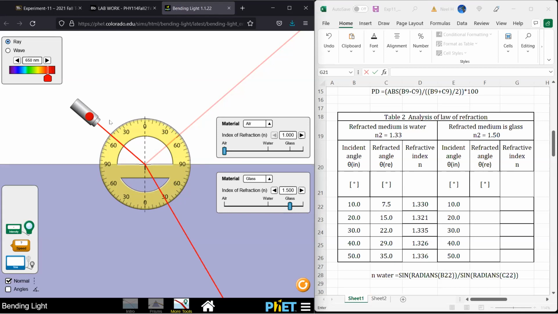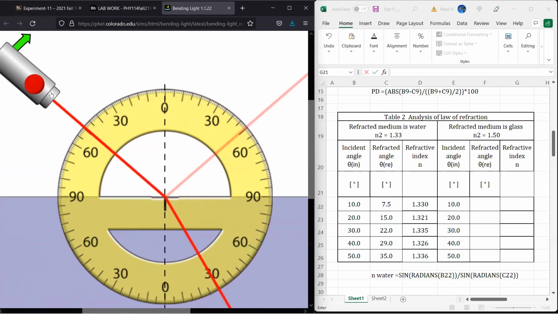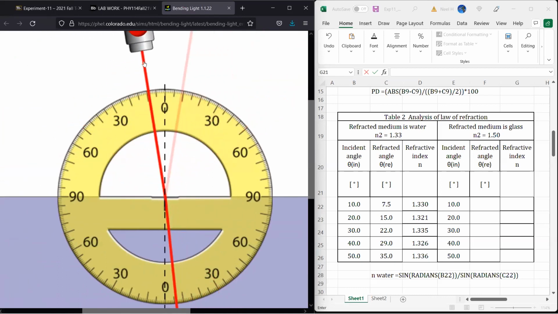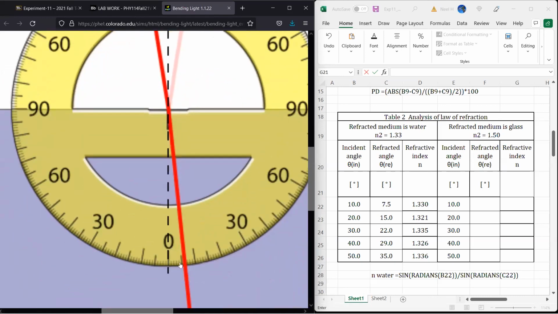Okay, then let's do the measurement again. We'll start with the lower incident angle again, 10 degrees. Then let's measure the refracted. This is 5, this is 10, this should be 9, 8, 7, about 7.